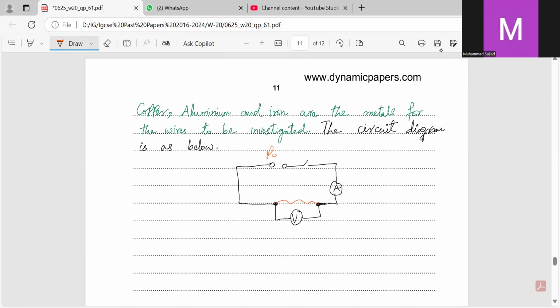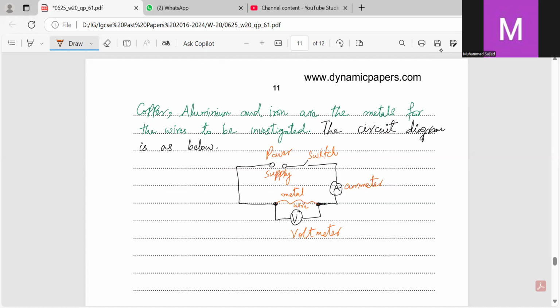This one is the power supply. This is a switch. This is an ammeter. Here this is a voltmeter, and this one is a metal wire.